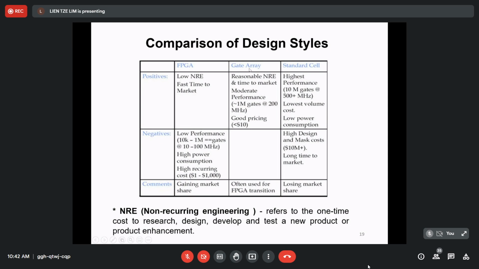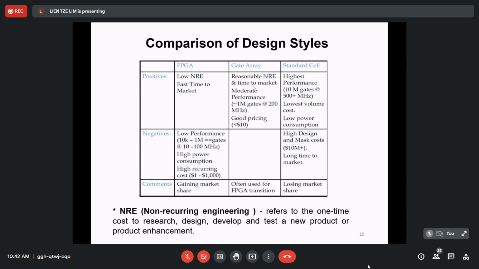For gate array, it requires reasonable non-recurring engineering, meaning the cost required is reasonable, not too high, not too low. And the time to market can be short, depending on what the application is for the design.